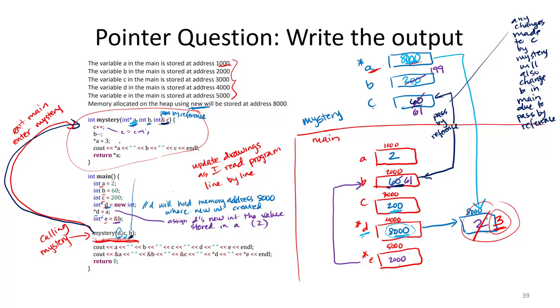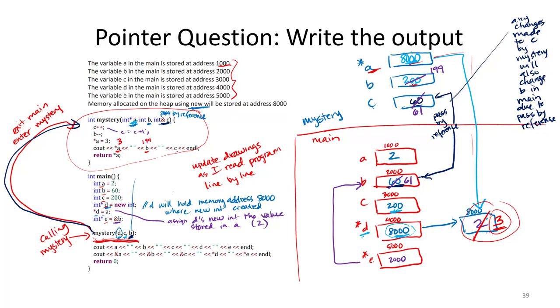Now I have a cout statement. I'm being asked to output the address stored in A, which is the A in Mystery. So I'm sorry, not the address stored in A. I'm supposed to output the value where Mystery's A points. Mystery's A is pointing at 3. Next, I'm outputting Mystery's variable B. B contains the value 199.